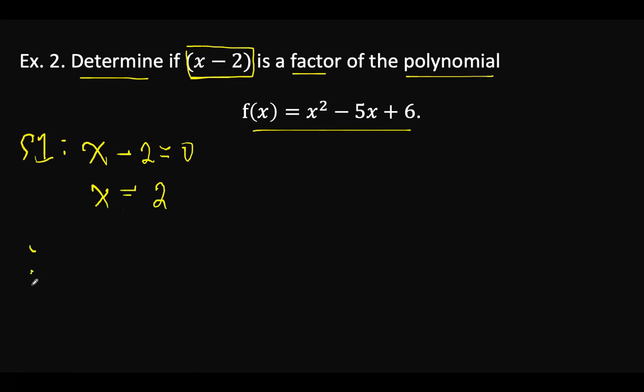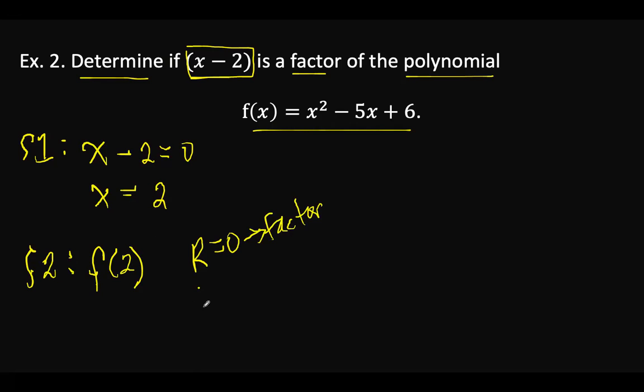So step number 2 naman, isa-substitute natin ang value ng x sa given f of x or polynomial. So that's f of 2. Okay? Sabi natin, pag ang remainder ay 0, then factor. If the remainder is not equal to 0, then not a factor.